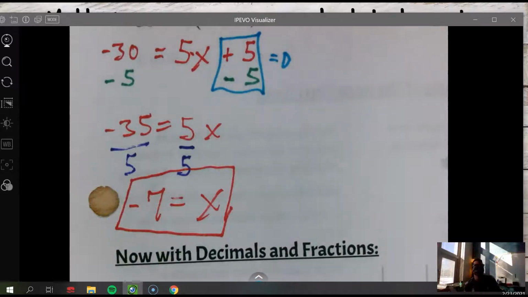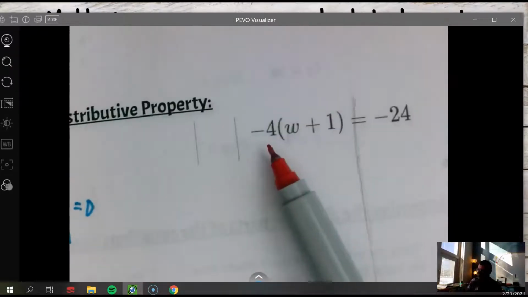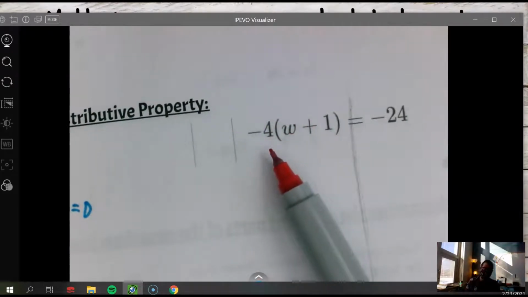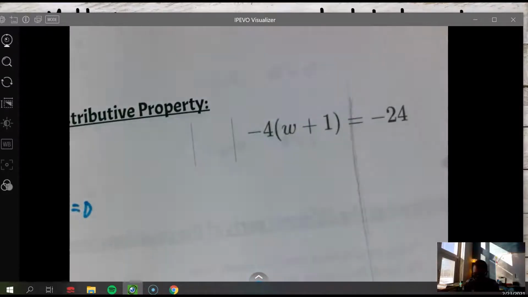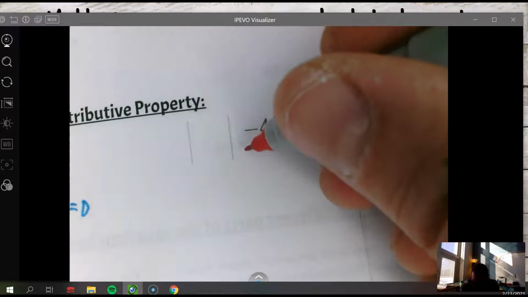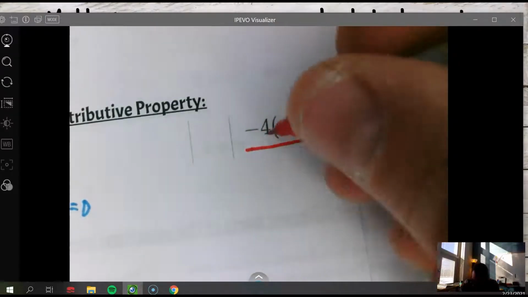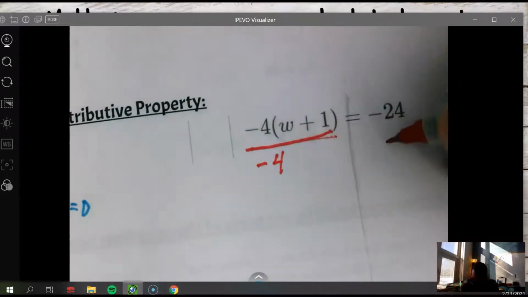So, if you want to take the shortcut, though, Madeline, instead of doing the multiplication, how do you undo multiplication? What's the opposite? Division. The number you want to get rid of is that negative 4 in front, so that's what we divide by.